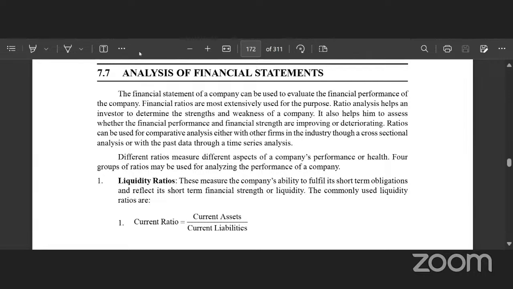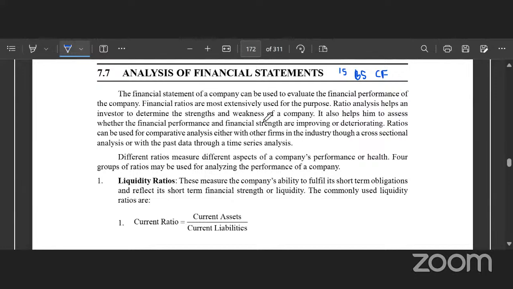These consist of the income statement, balance sheet, and cash flow statement. These are the three financial statements any listed company has to report quarterly.